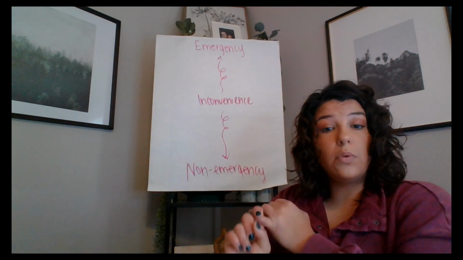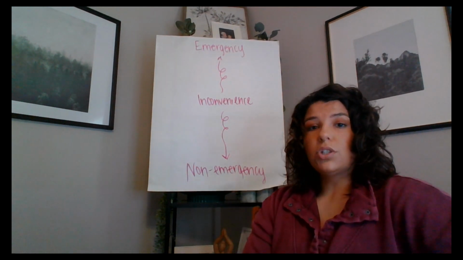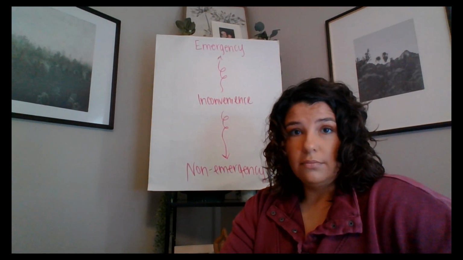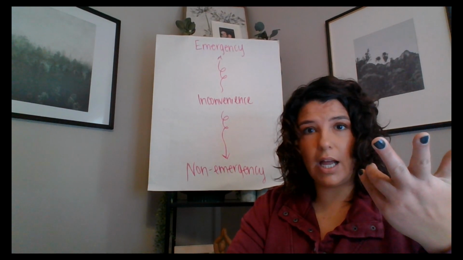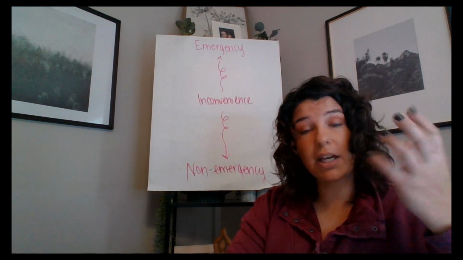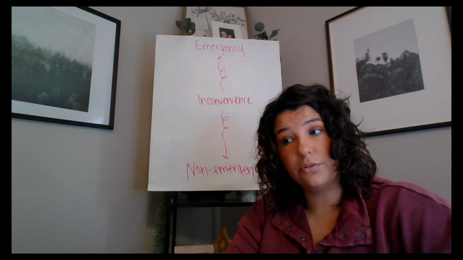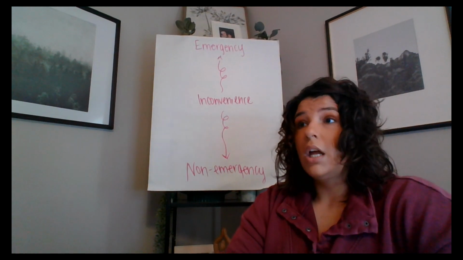Okay? We need to always communicate with our students that an emergency is the time when you come and get the teacher. Okay? If somebody is bleeding, vomiting, losing bodily fluids of any kind, having a seizure, if it looks like a medical thing that you as the child do not know how to handle, it's an emergency. Go get the adult.